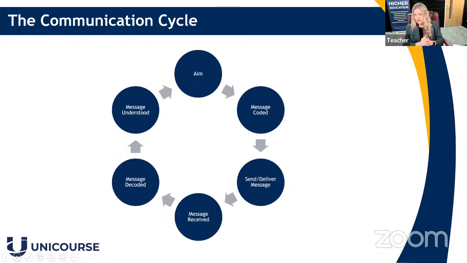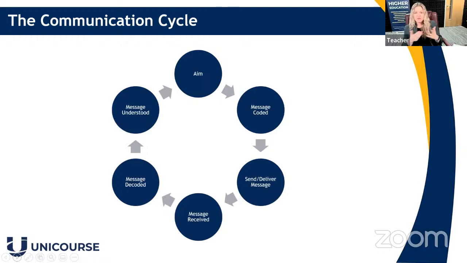Now, this is Michael Argyle's communication cycle, and it was developed in 1967, so quite a while ago now, but still relevant today. And what it does is set out a process of communication in 6 steps. So first, aim, that's the construction of the idea of the communication to be sent.